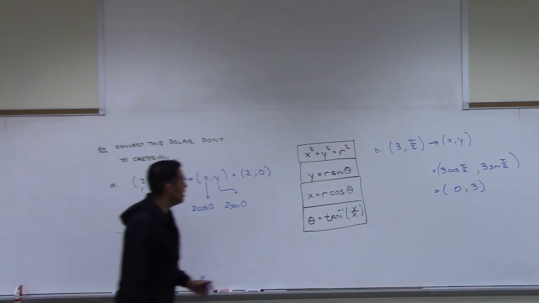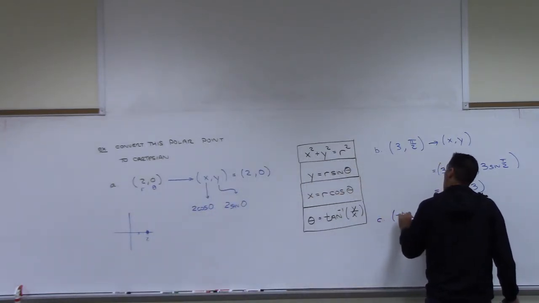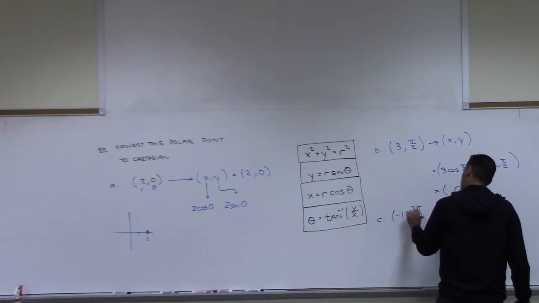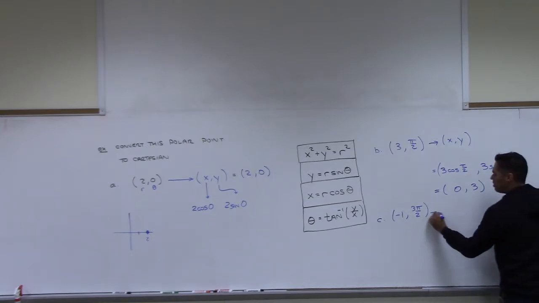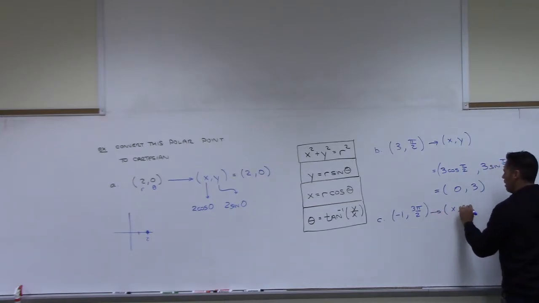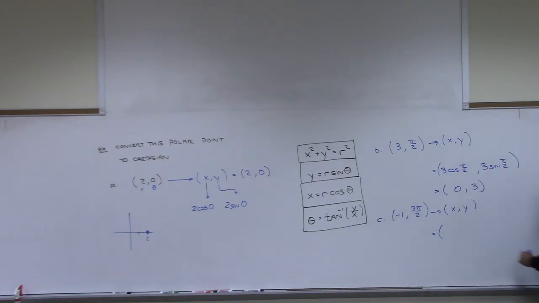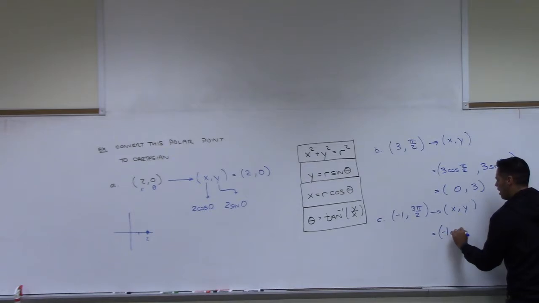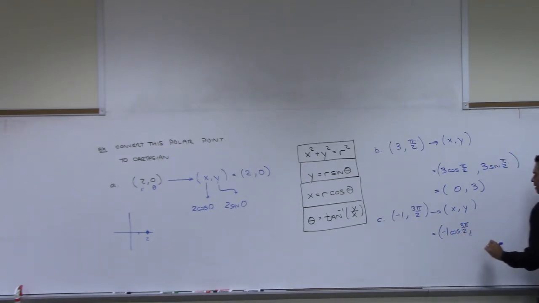Let's look at that last one we had. It was -1 and then 3 pi over 2, wasn't it? Okay, if we convert this to Cartesian, to x and y, then it's going to be r. What's r for us here? -1 cosine of 3 pi over 2, and then -1, and then sine of 3 pi over 2.